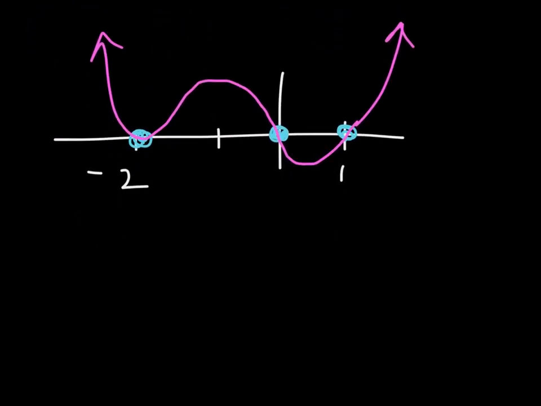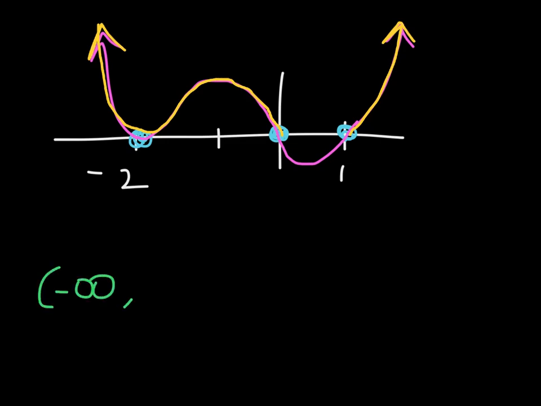So when is it above the x-axis? It's above the x-axis from -infinity all the way to -2. I'm supposed to include that x-intercept, keep going all the way to 0, and then pick back up from 1 to +infinity. So then, the final answer in interval notation will be from -infinity.